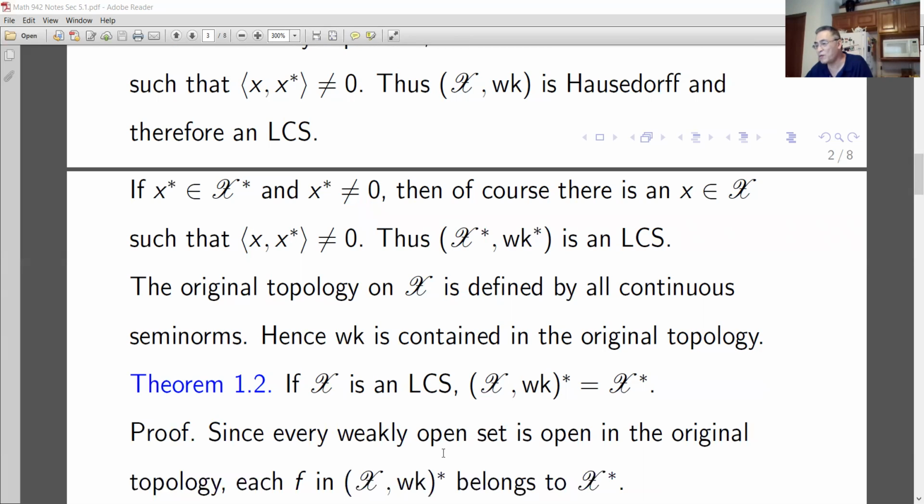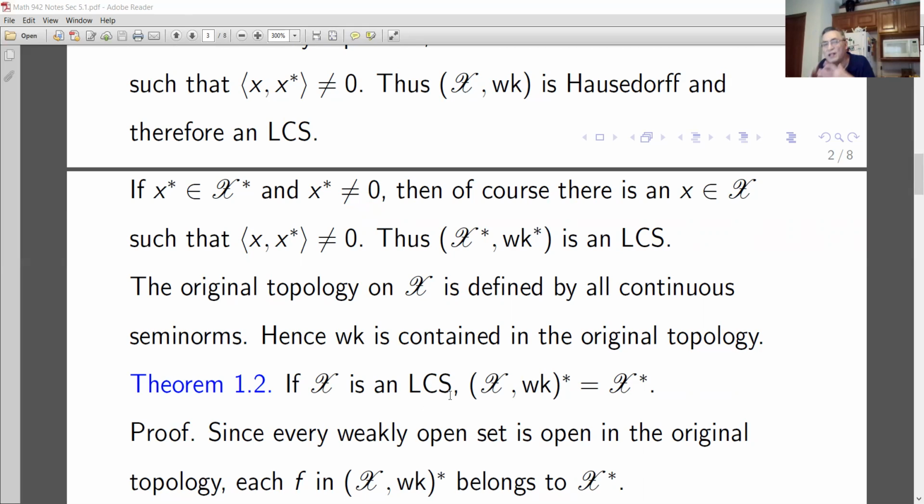That means every weakly open set is an open set in the original topology.